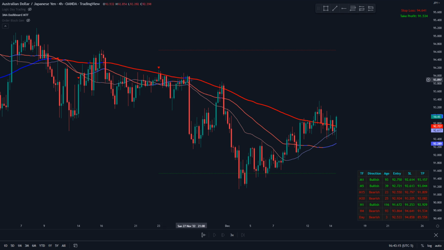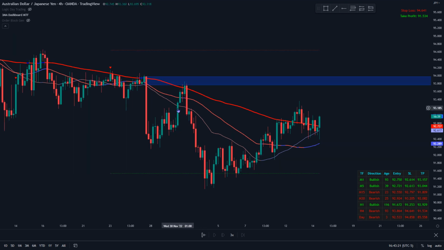And then when we also take into account here, this supply zone, this is confirming that I want to be looking for shorts when price comes back into this zone here. Because we've got the supply zone is hit, and then at the same time we have all 3 of the moving averages in red. And so that is basically just confirming that we should be looking for shorts.